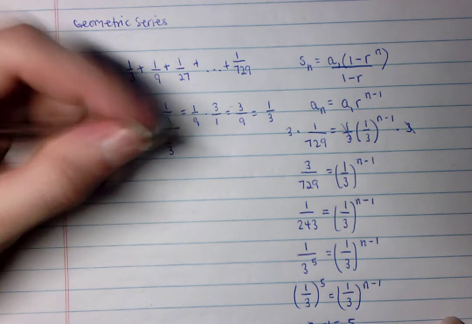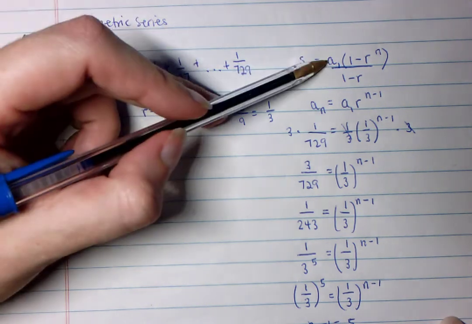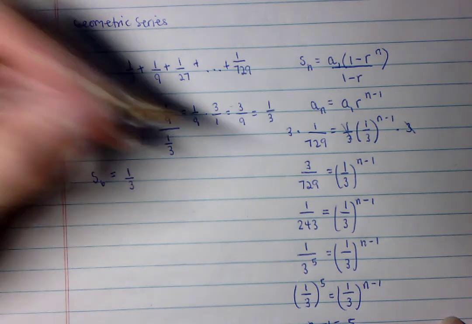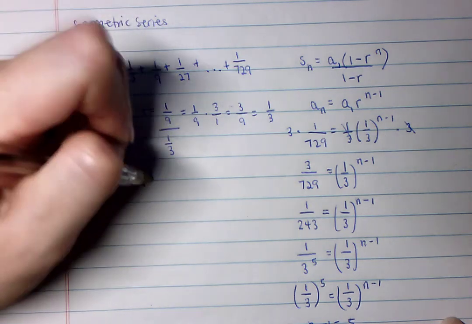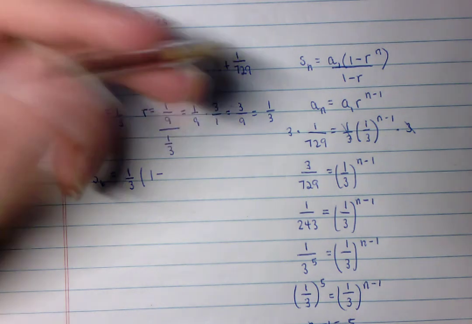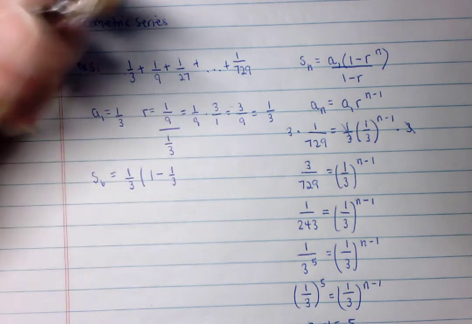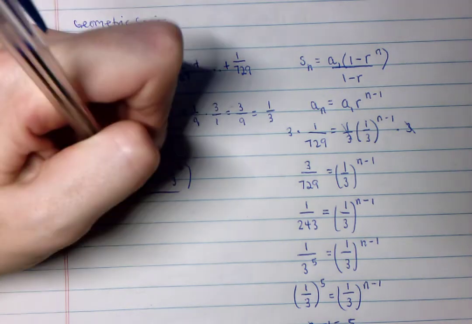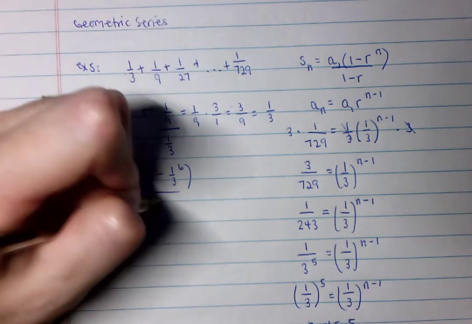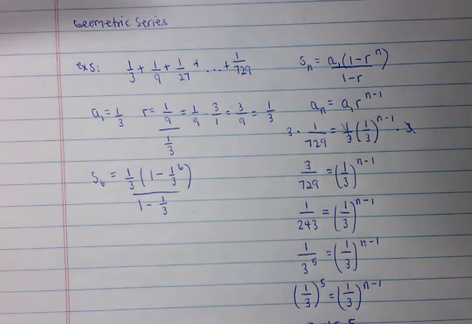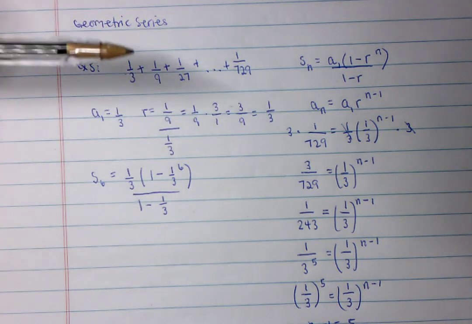S sub 6 equals A sub 1, which is 1/3, remember that's the first term, times 1 minus R is 1/3. So we're going to say 1/3 to the 6th power, all over 1 minus 1/3, because that's 1 minus R. So we're going to solve this, okay?